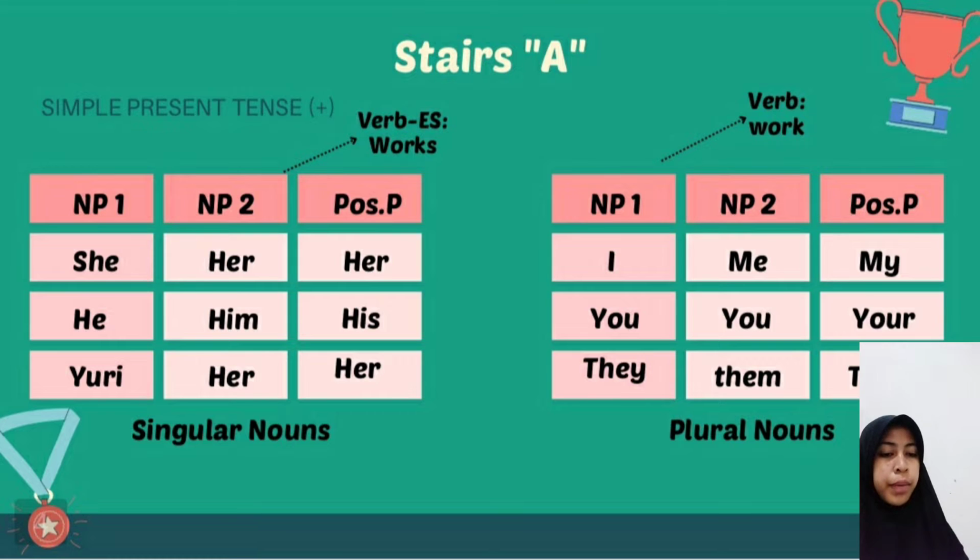Here is a table containing NP1, NP2, and post-P. For example, NP1 is he, or a name like Yuri, and NP2 is her, him, and her. Post-P is her, his, and her. The verb takes -es, like works.